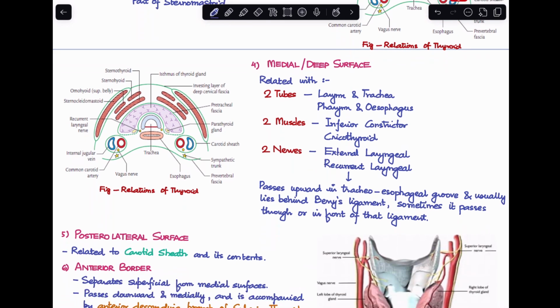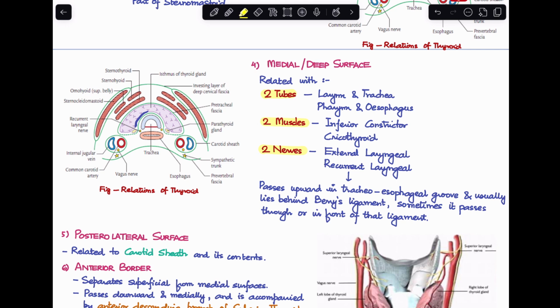If you see in the image here, this is the medial surface or the deep surface. A very easy way to remember what this surface is related to is two tubes, two muscles and two nerves. The two tubes are larynx and trachea, pharynx and esophagus. Two muscles are the inferior constrictor muscle and the cricothyroid muscle.